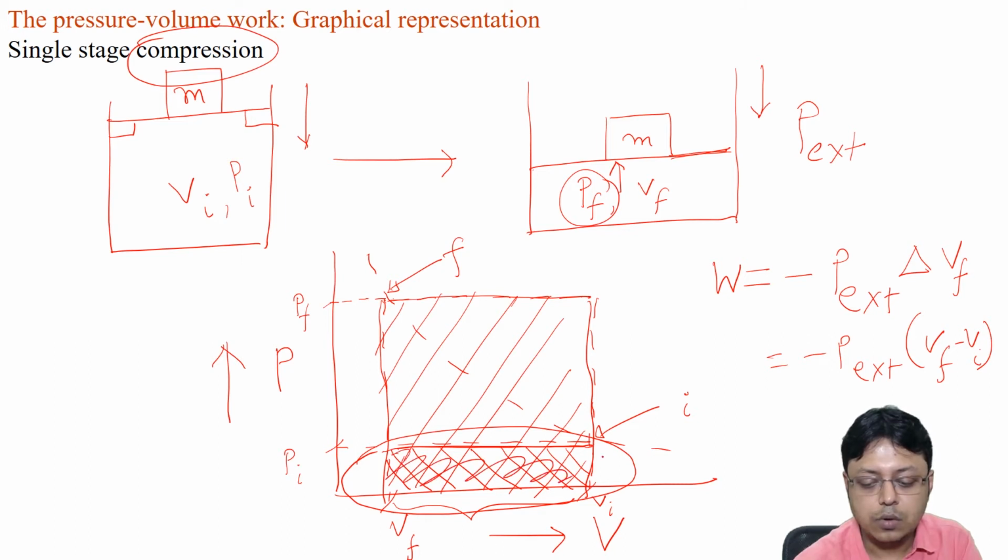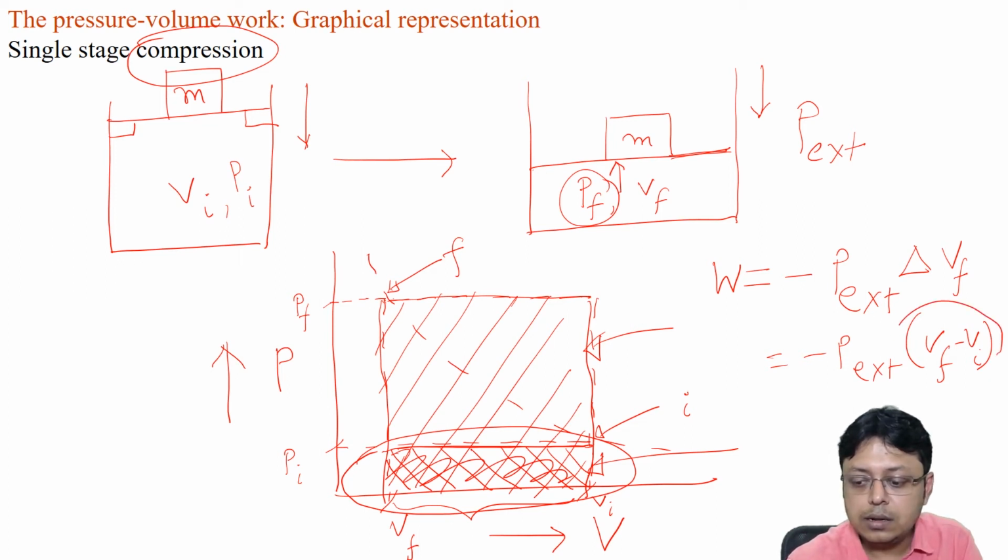This is the work done by the system. However, when the compression was happening, the work done on the system by the surroundings was greater. So work of compression is always greater in magnitude than the work of expansion, at least.